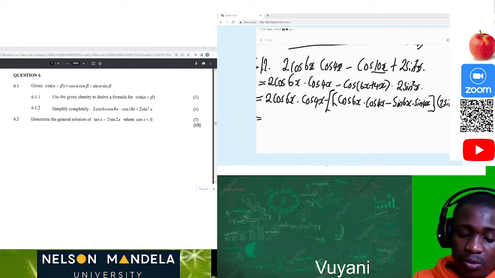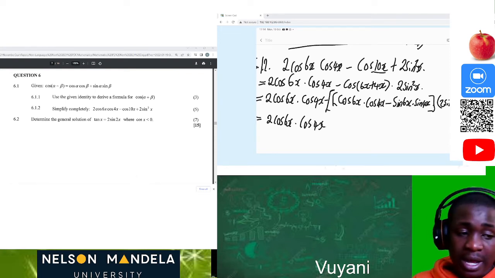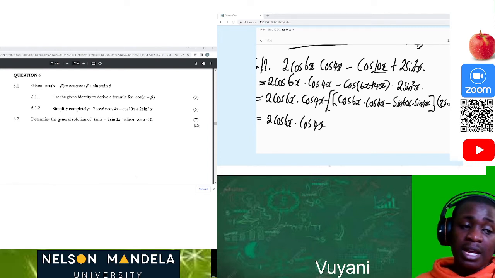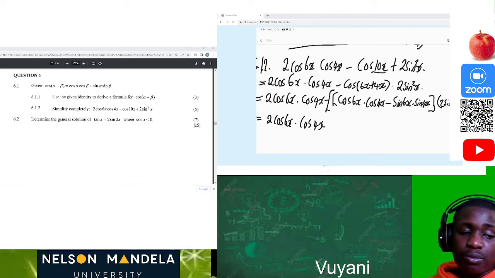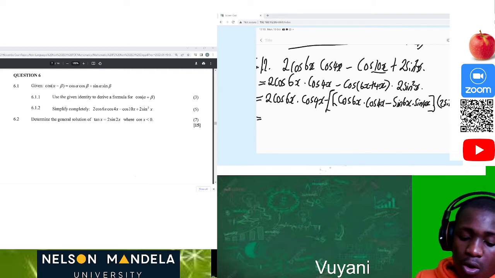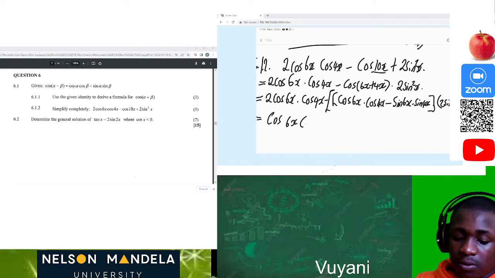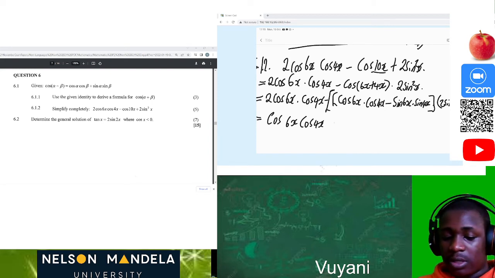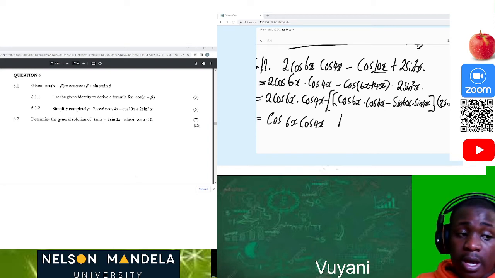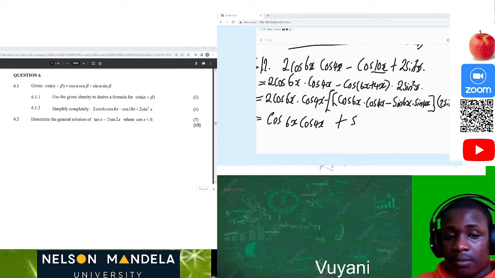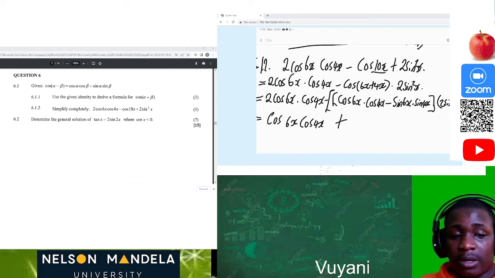So now we're still going to continue with our 2 cos 6x multiplied by cos of 4x. Now let's multiply all through so that we can get some nice values. So we can actually see that if we solve this part, we'll be able to get some nice values, and we're going to end up having cos of 6x cos 4x. Yes, then we add. Now we will add, what are we adding, guys?